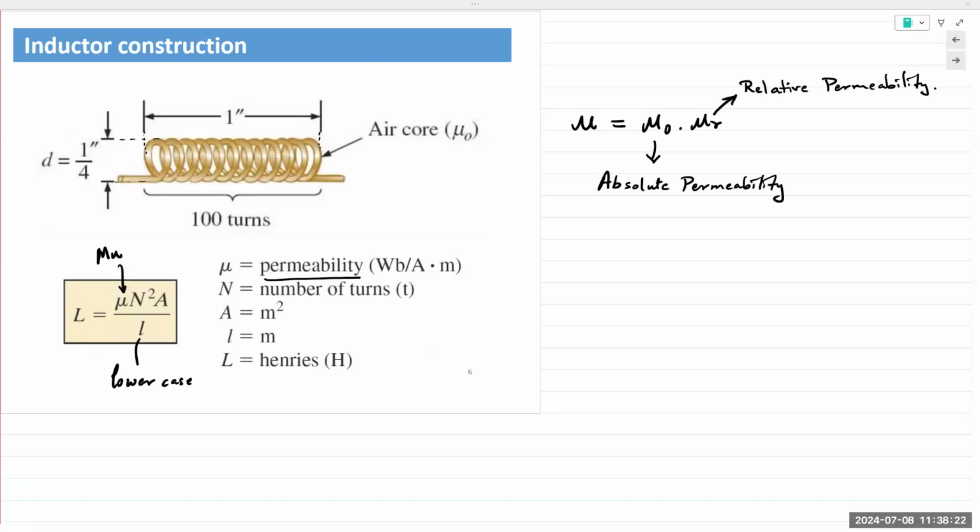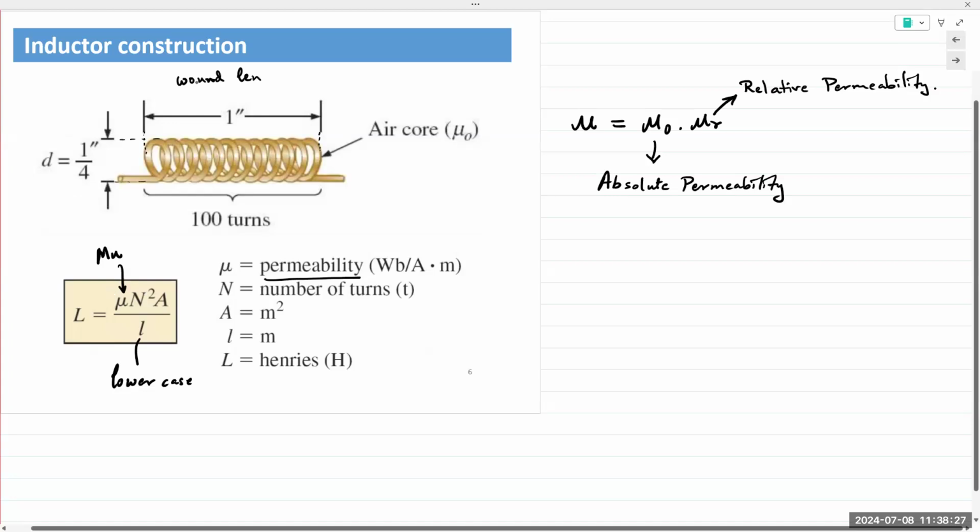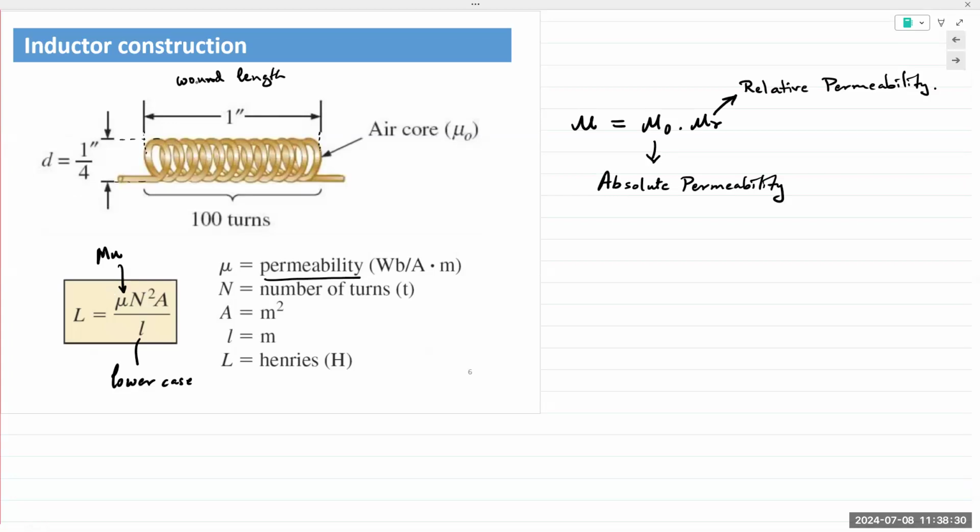The wound coil. Wound length. Any other questions?